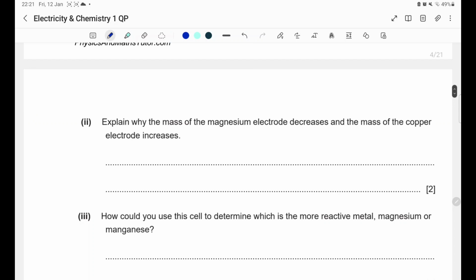Explain why the mass of magnesium electrode decreases and the mass of the copper electrode increases. So, this falls a little bit under your reactivity series. If anyone remembers the mnemonic that I had given.